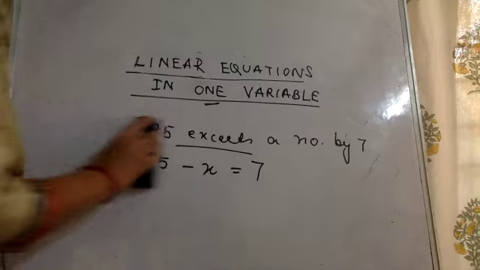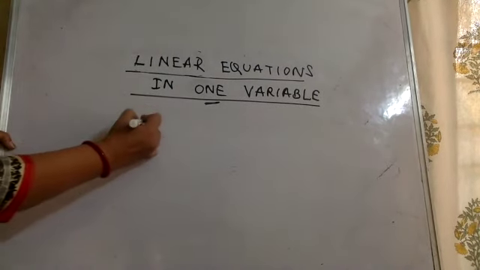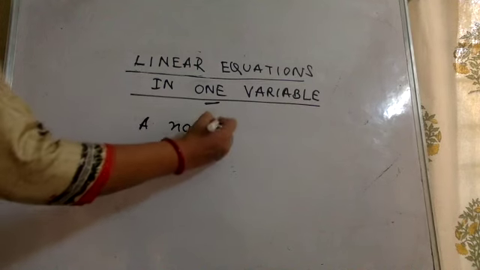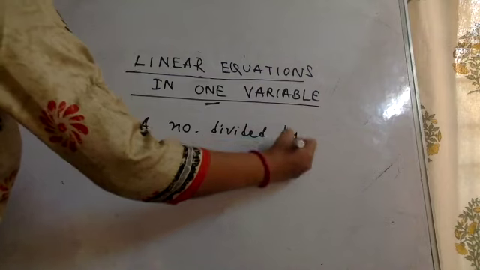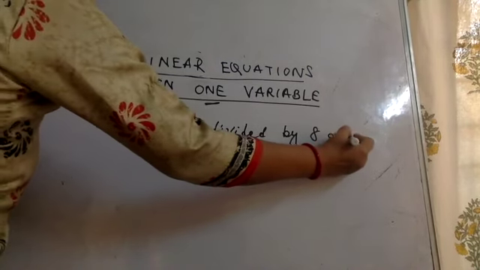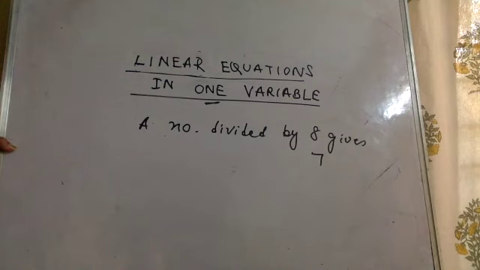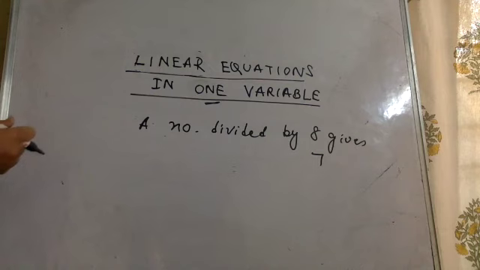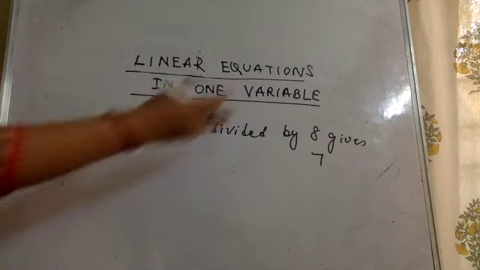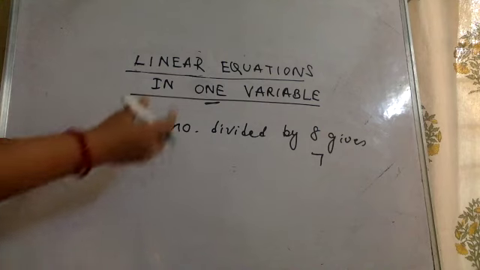Another simple one. A number divided by 8 gives 7. Now you will see that the equal to is written in different ways. Sometimes it's written as gives, sometimes is, sometimes you'll find equals.